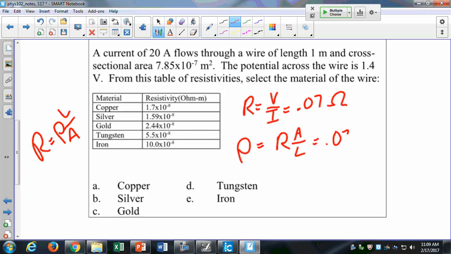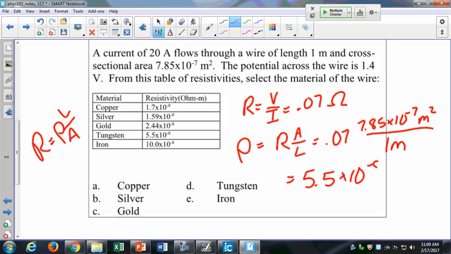R is 0.07. A, I give you, is 7.85 times 10 to the minus 7 square meters. It's a wire, so that's the cross-sectional area of that wire. And the length is 1 meter. I get the resistivity, which is 5.5 times 10 to the minus 8 ohm meters. Then I go through the table and see, oh, that's tungsten.